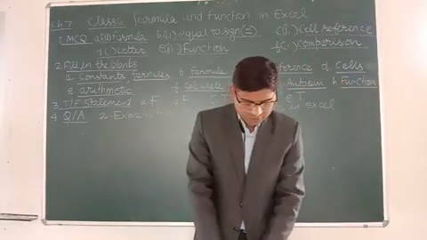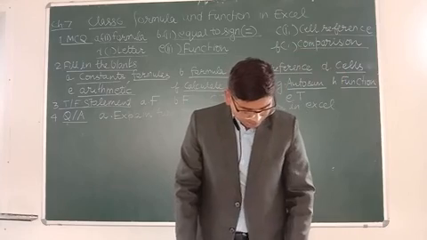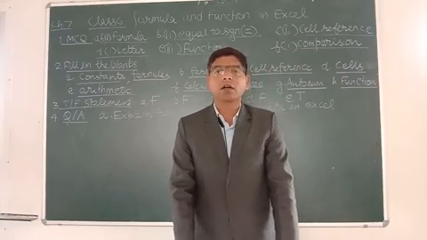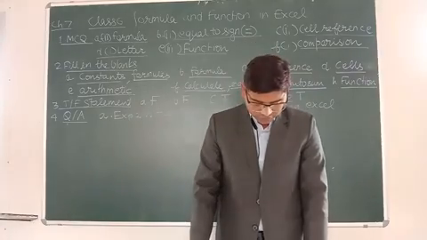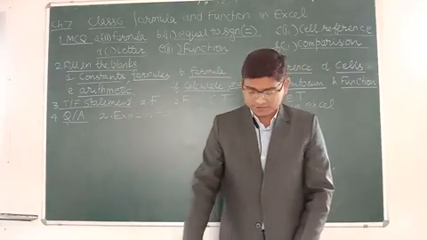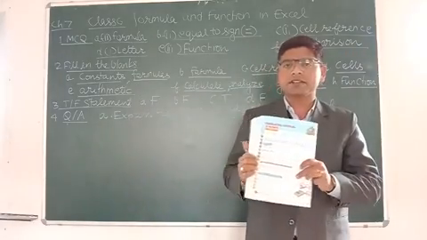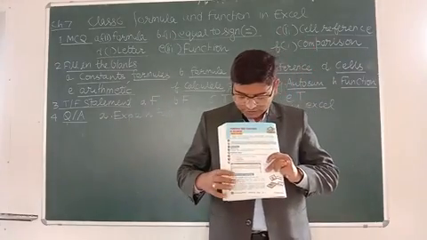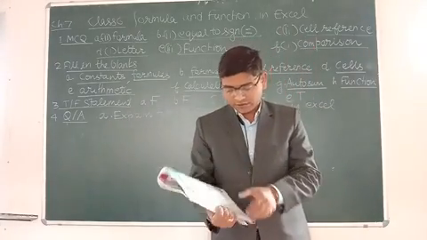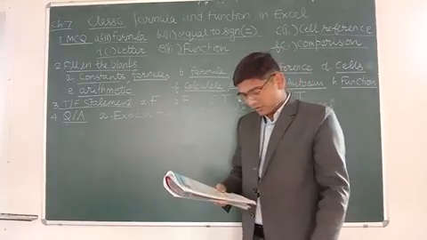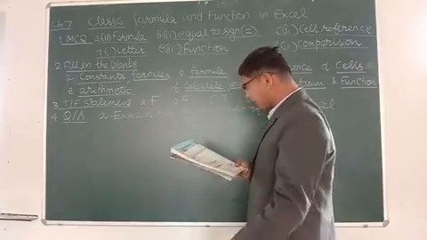So everyone will come to page number 92. Formula and function heading is there. That heading you have to write. From here, constant and formula are the two types of data in Excel.